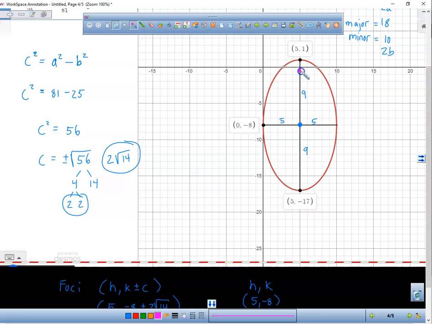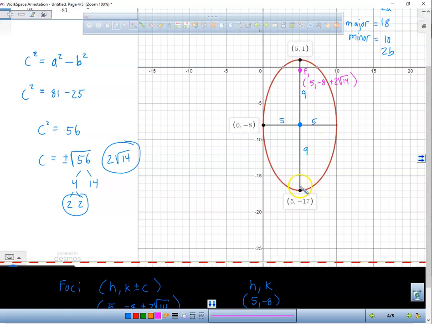Right there is one of my foci. Okay? I'm going to call that F1. F1 is at 5, comma, -8 plus 2 radical 14, or a negative half, pretty close to a -1/2. That's focus number one.